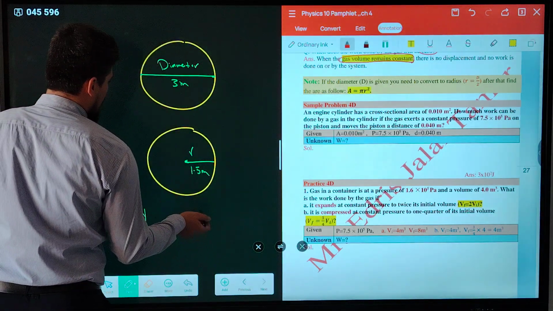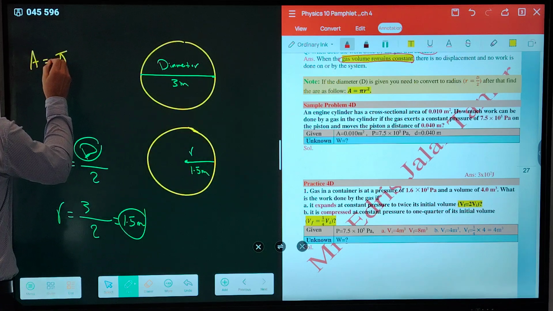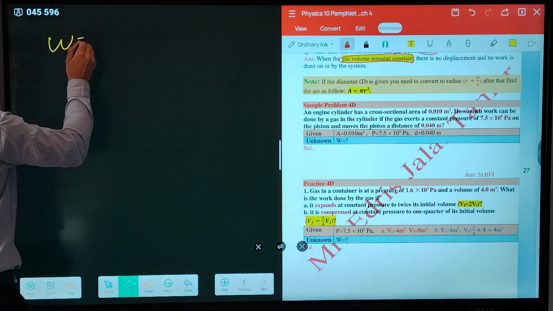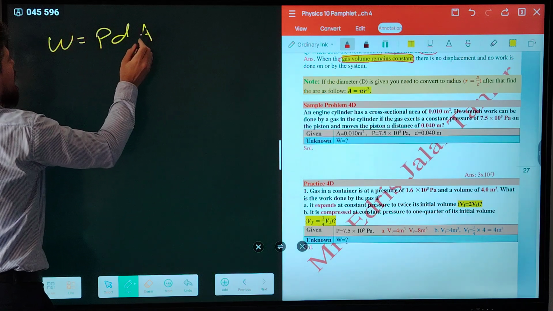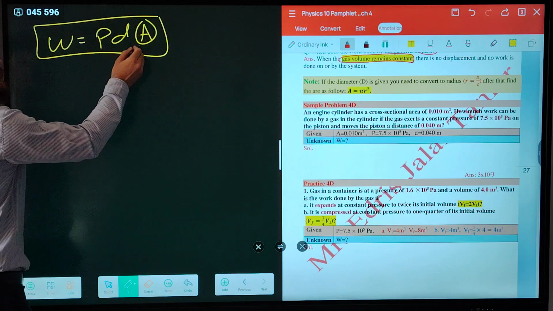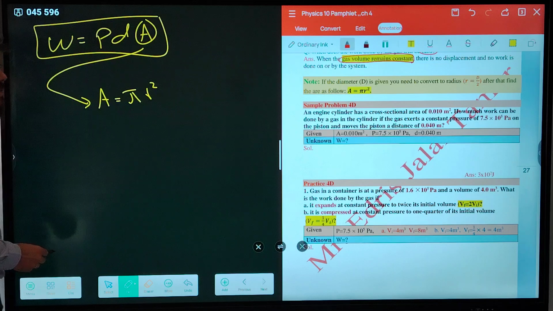And how can you determine the area of the circle? The area of the circle is equal to pi r squared. According to this equation, work in a thermodynamic system is P times A times d. If the area is not given, how can you find the area? Area is equal to pi r squared.